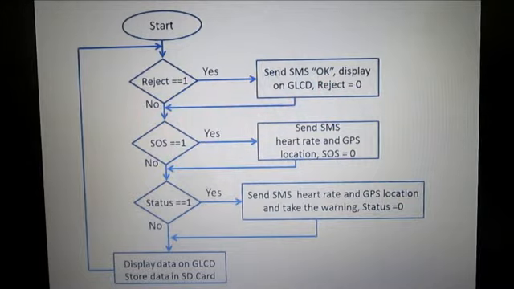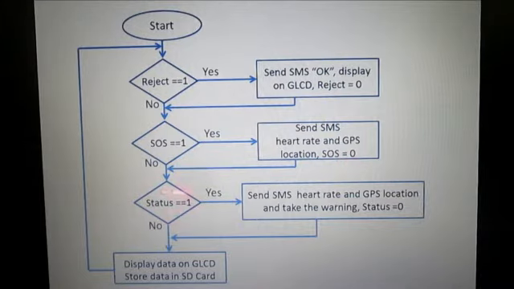Next, we must check the SOS variable. If this variable equals 1, the MCU will send an SMS with heart rate and GPS location. After that, it will pull down the SOS variable to logic level 0.